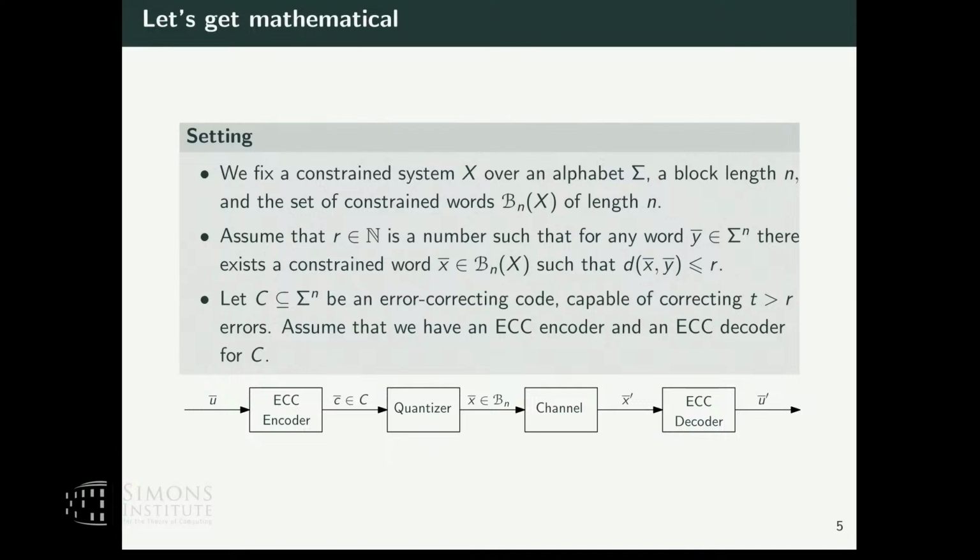It is capable of correcting errors, but it has no constraint on it. Then instead of putting it into a constrained encoder, which is reversible, we're just going to put it into a quantizer. This quantizer outputs a string x of the same length as the code word, but it forces it to be constrained by introducing errors.